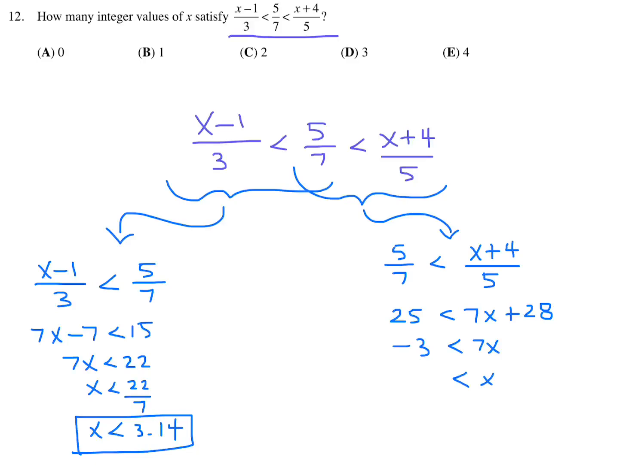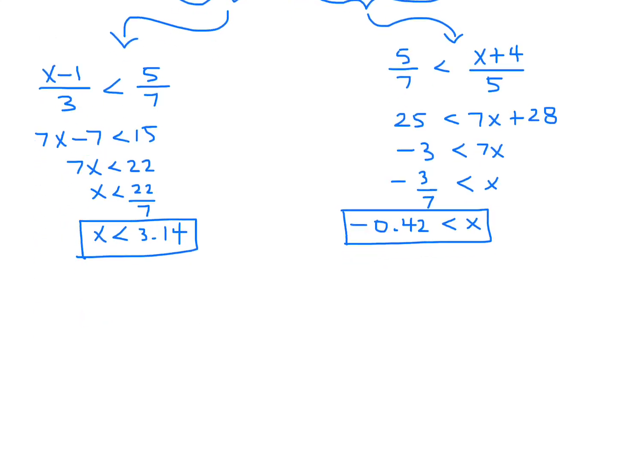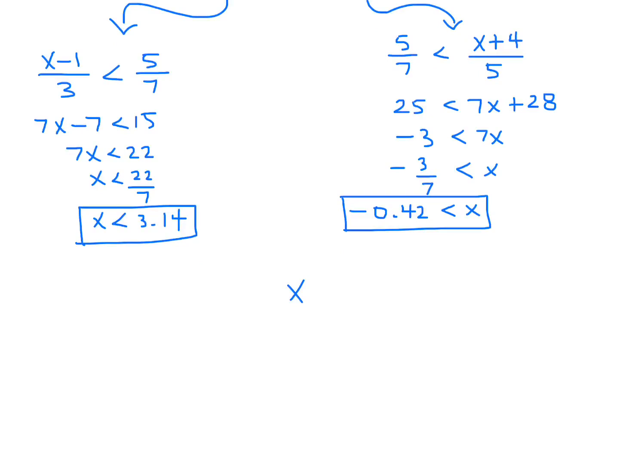So x is greater than minus 3 over 7. And x, that is approximately what? Minus 0.42. Around there. So those are our 2 conditions. So x is less than 3.1, and it's greater than minus 0.42.